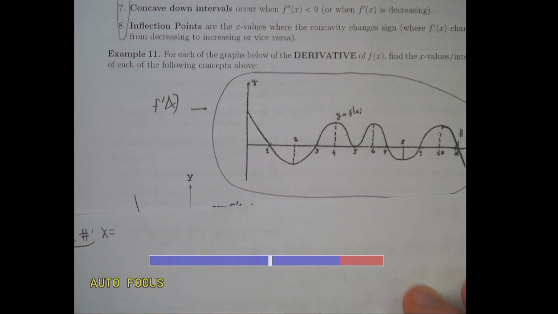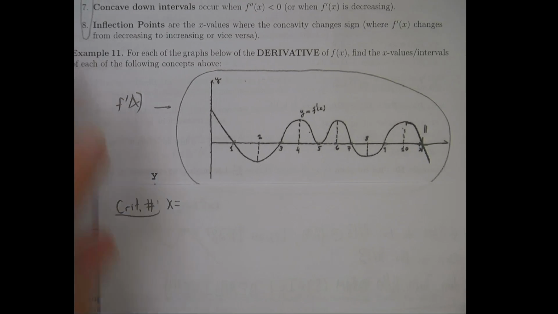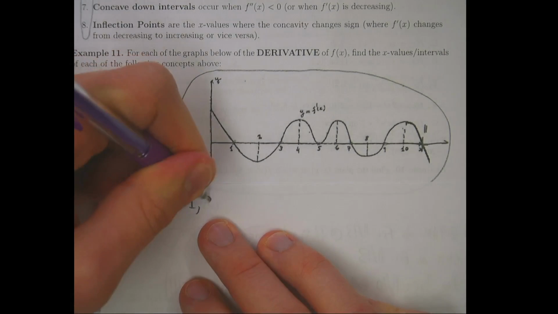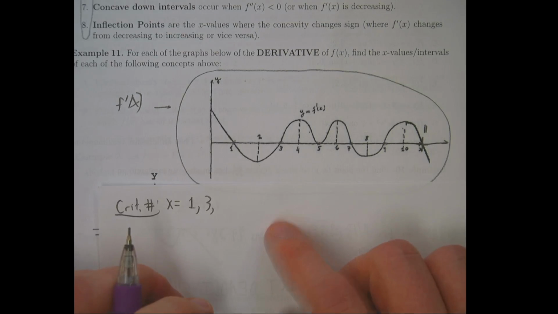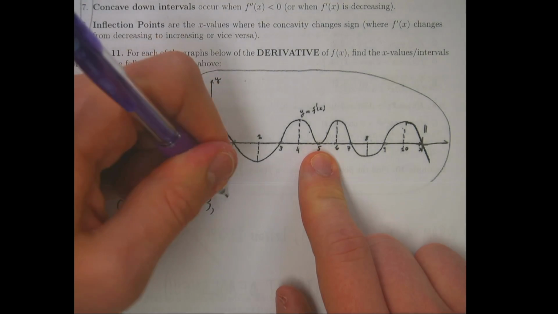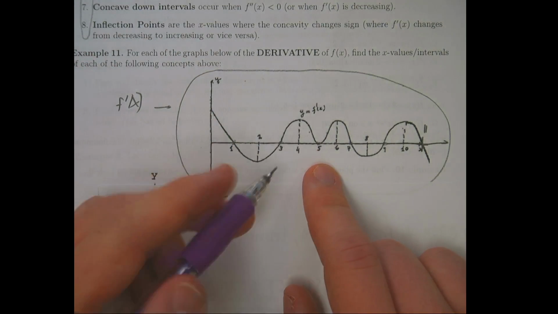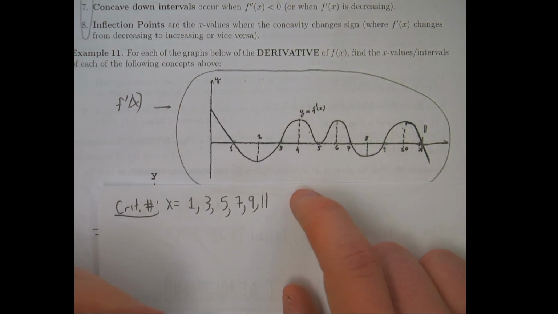Let me zoom in on this. 1 through 7, 9, 11. Would 5 also be included? Yep, because that does touch the x-axis, so that does count. 1, 3, 5, 7, 9, and 11.